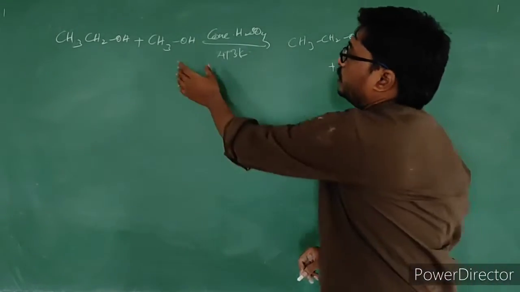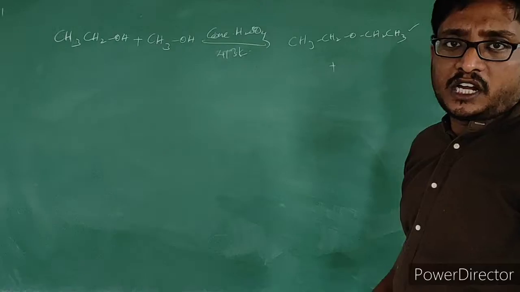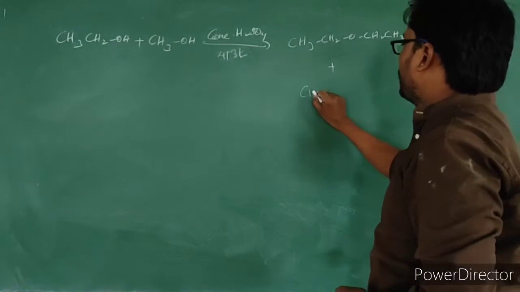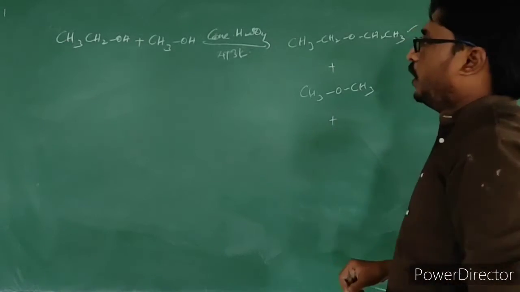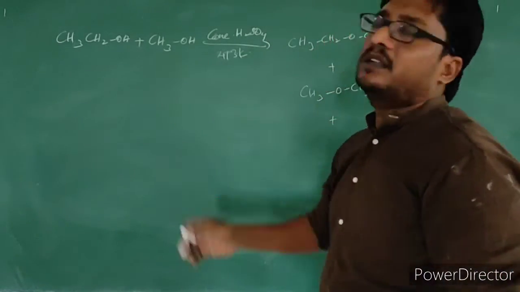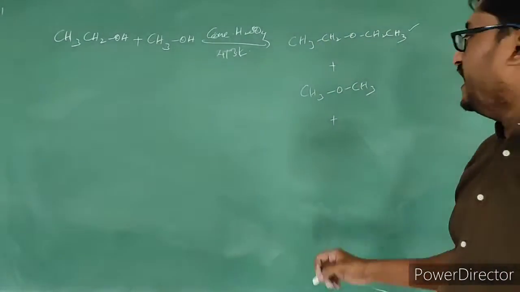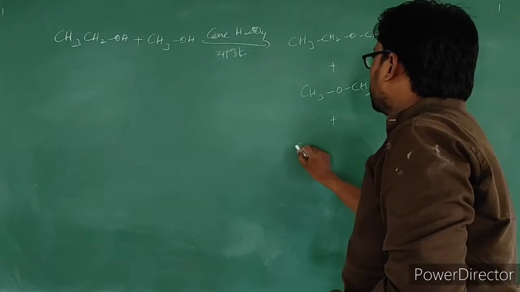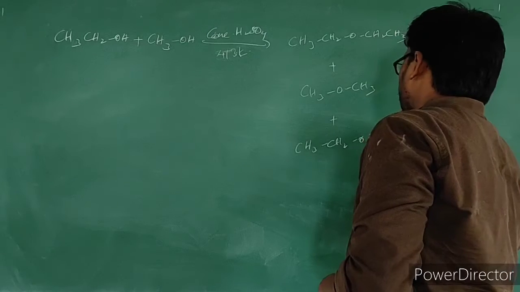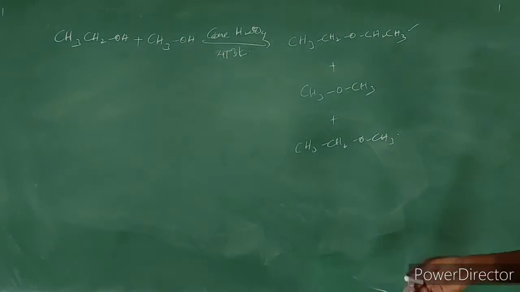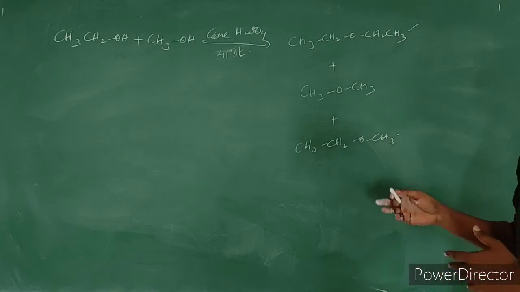Or when two methanol molecules undergo dehydration, then it will produce methoxymethane as the product. Or when one ethanol and one methanol undergo dehydration, then methoxyethane gets produced. So in this way, different types of ethers will get produced.